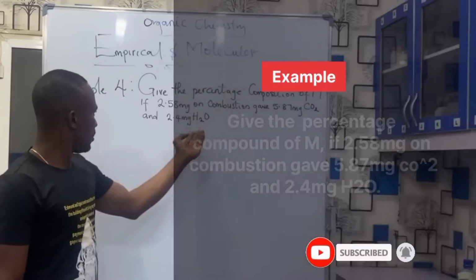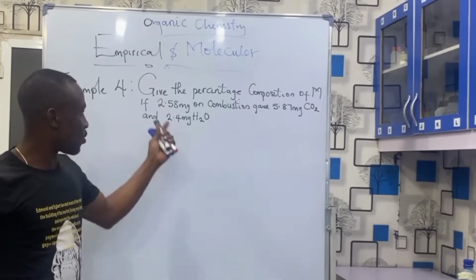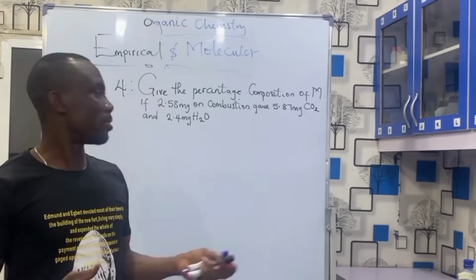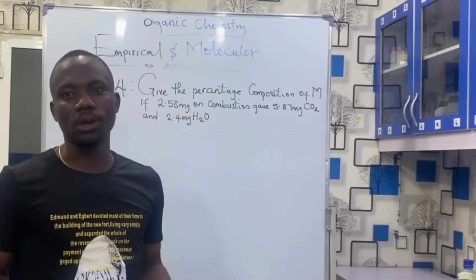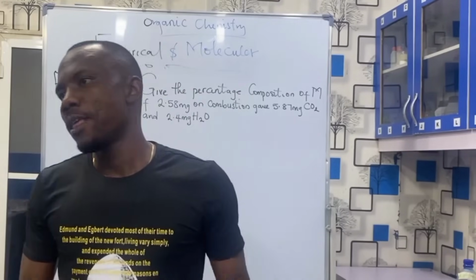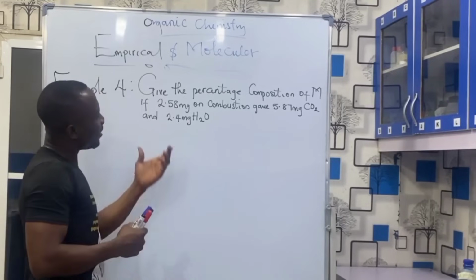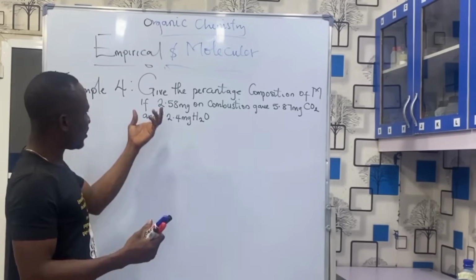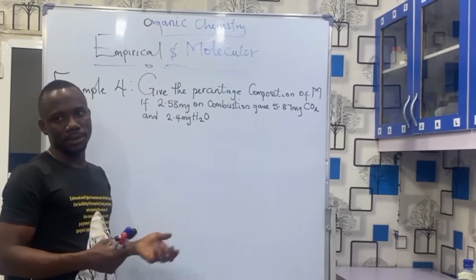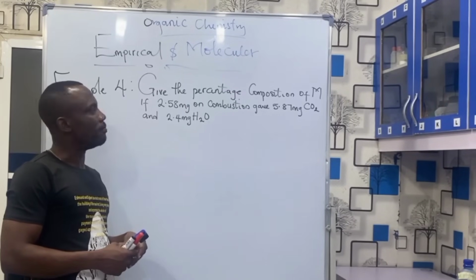Already from the products of this combustion reaction, we know that the compound M that went through the combustion is an organic compound, because the products are CO2 and water, and of course it's a complete combustion reaction. The challenge here is that the unit is in milligram, but that doesn't matter.